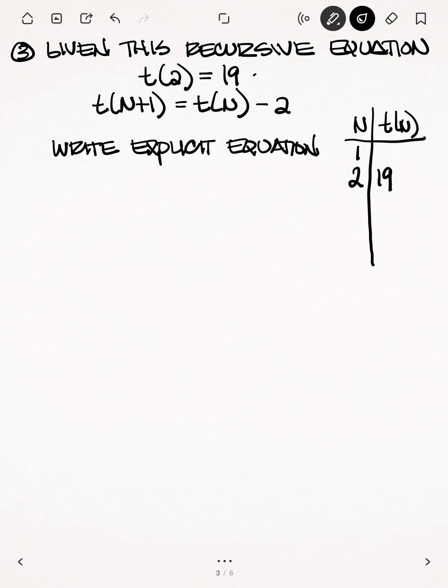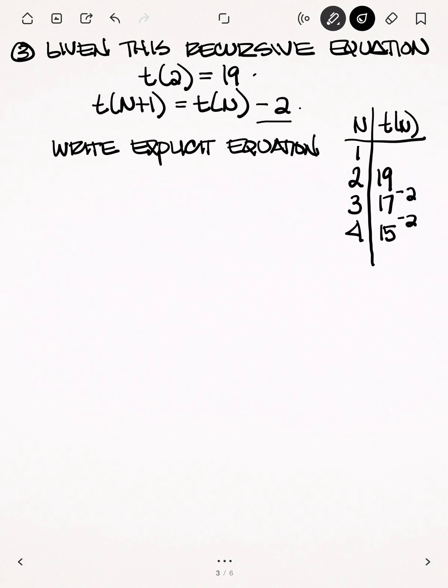The only other thing they gave me is this right here. What are we doing to get to the next term? This is my slope, if you remember. So if I subtract 2 to find the third term, I'm going to get 17. And if I subtract 2 again, I'm going to get the fourth term, which is 15.